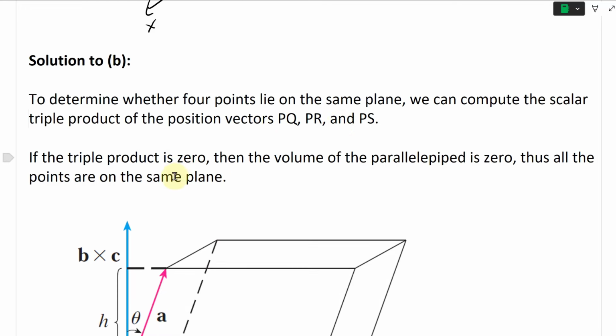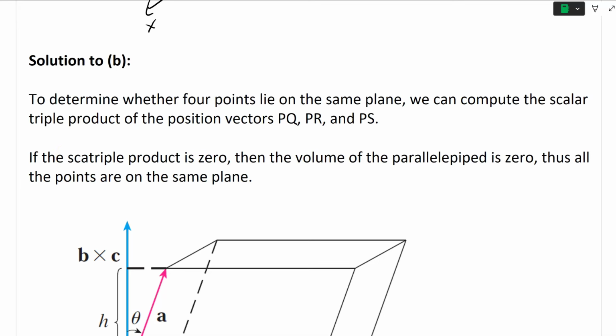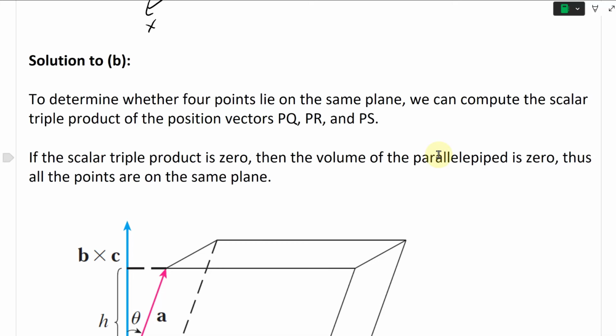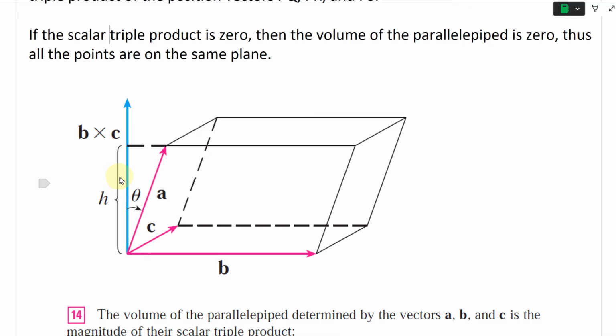If the scalar triple product is 0, then the volume of the parallelepiped is 0, thus all the points are on the same plane.